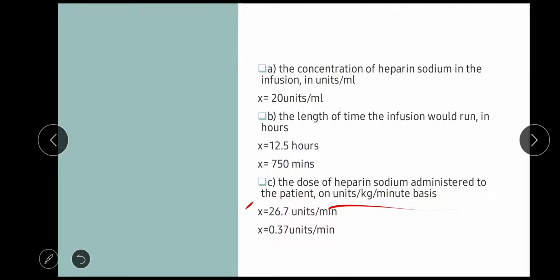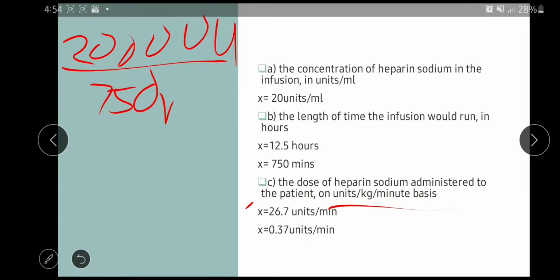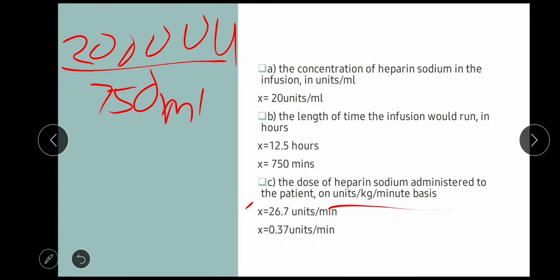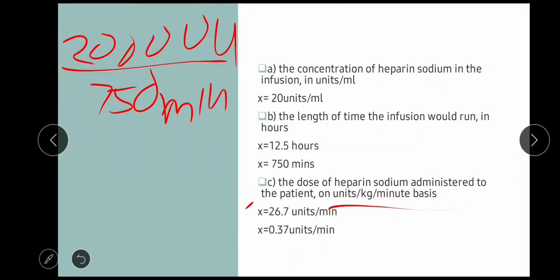So, yung kanina natin, 20,000 units. Divide 750 minutes. The answer would be 26.7. Yung 26.7 natin na yun, unit per minute. Then, 26.7 natin na yun, i-divide lang natin sa kilogram na nakuha natin kanina.